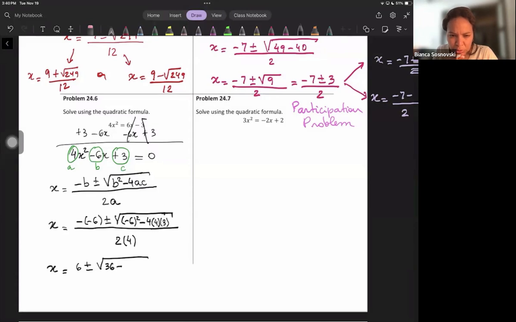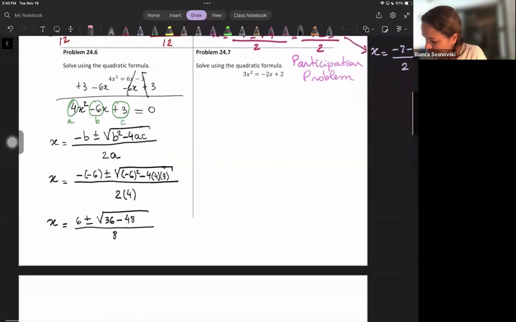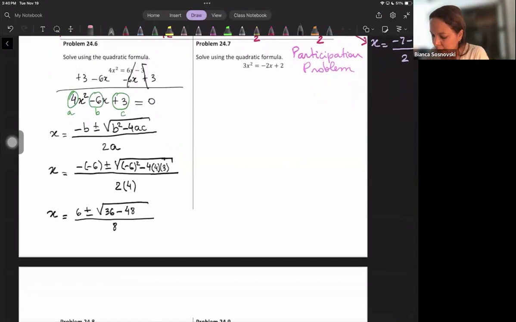So 4 times 3 is 12 and 12 times 4 is 48. So minus 48. All of this divided by 8. Now, if I subtract inside the square root, we get negative 12, and then we have to divide all of this by 8.